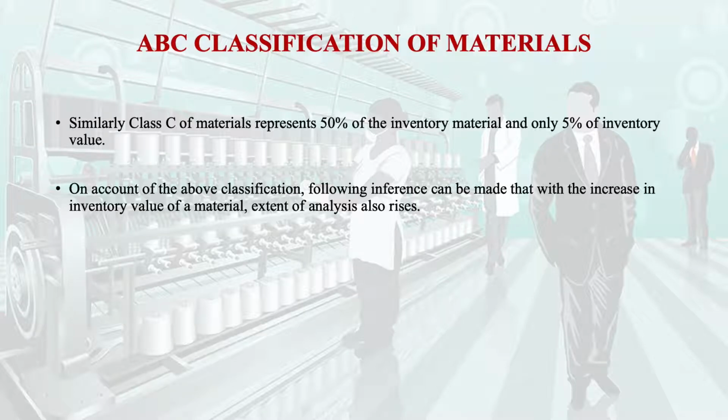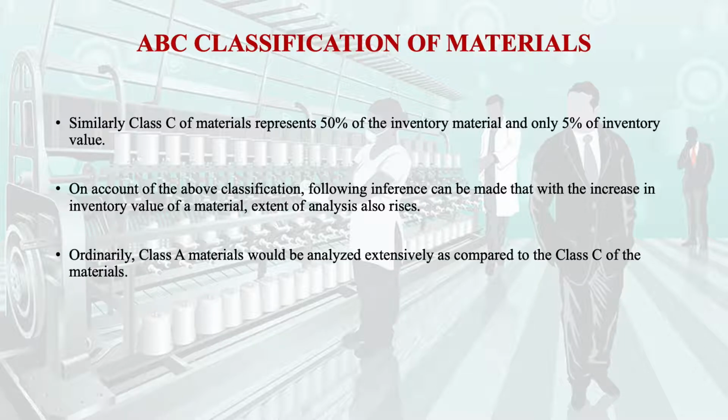On account of the above classification, the following inference can be made: with the increase in inventory value of a material, the extent of analysis also rises. Ordinarily, class A materials would be analyzed extensively as compared to class C materials.